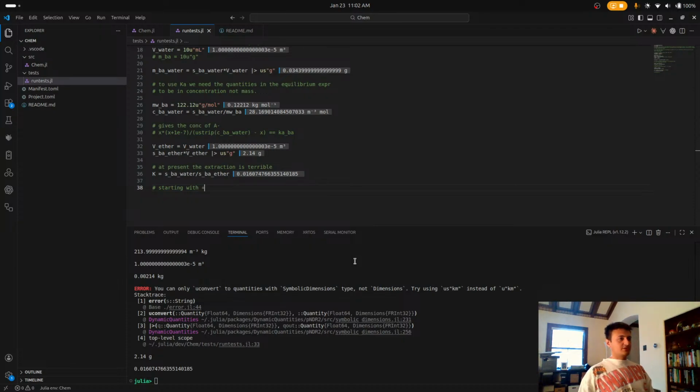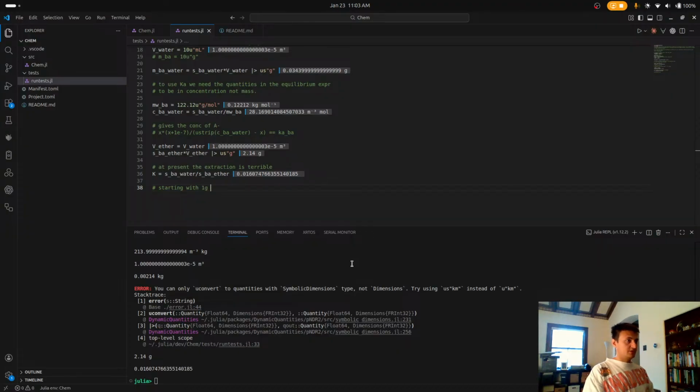We're starting with how many... what did I originally do? 5 grams in 10 milliliters. Yeah, no, I did 10 grams and 10 grams. It's too much.